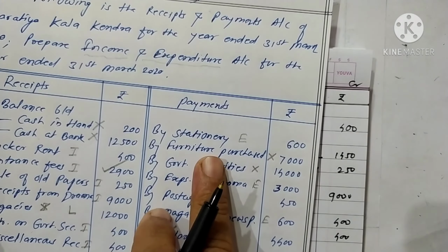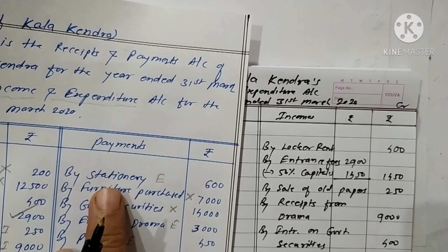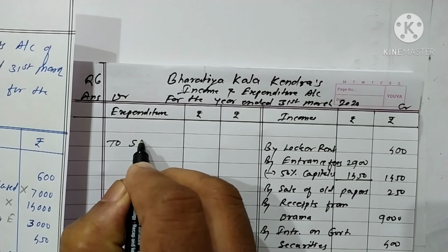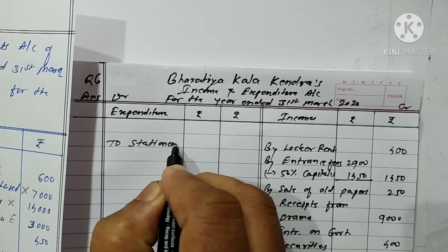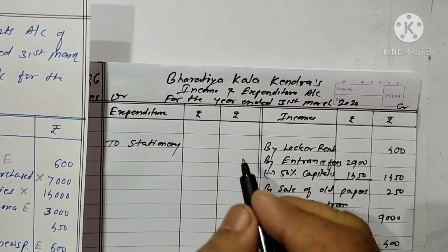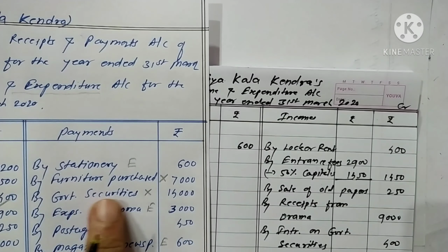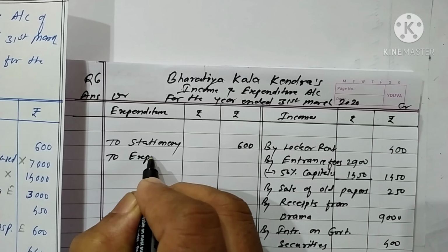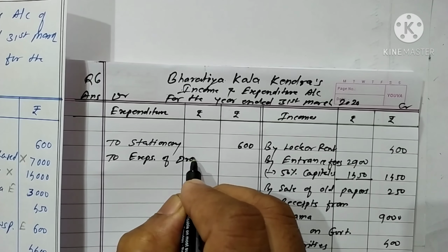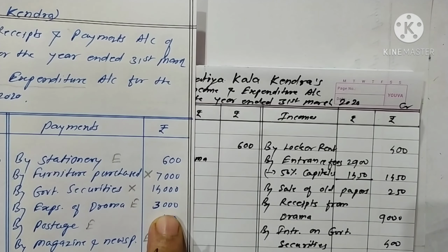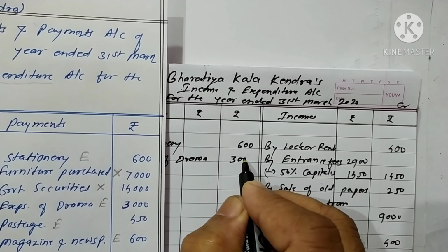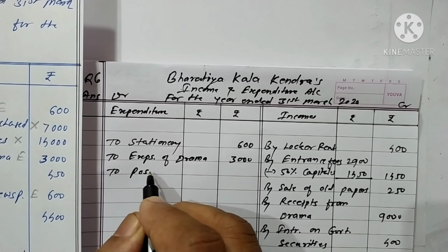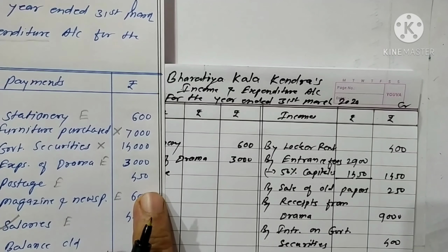Okay, now we go to the payment side. We write on the expenditure side. First is stationery, rupees 600. Next is expense of drama, rupees 3000. Next is postage, rupees 450.